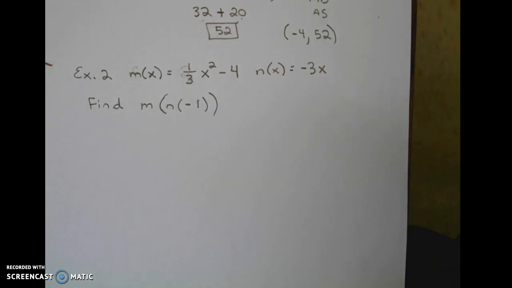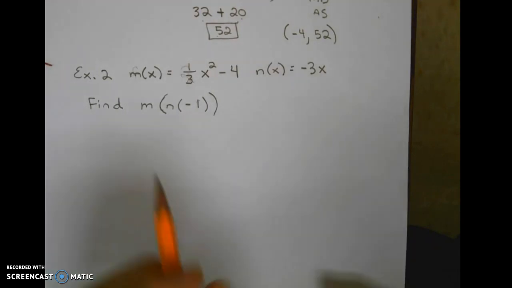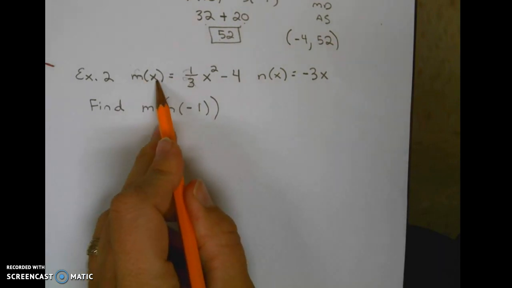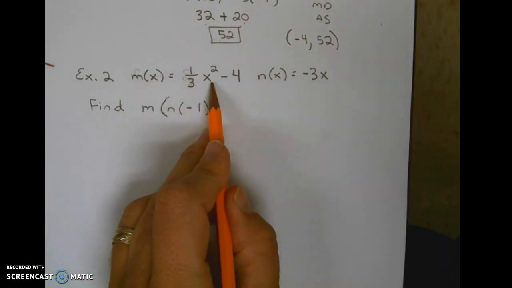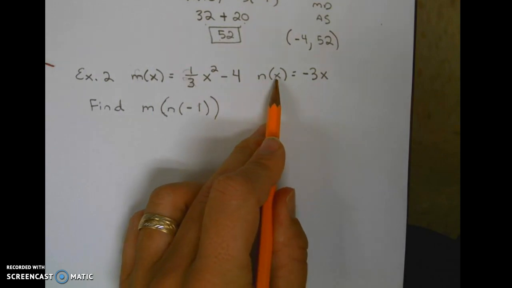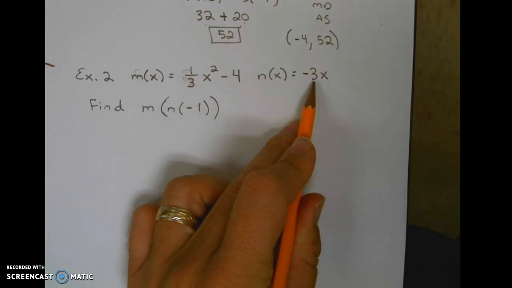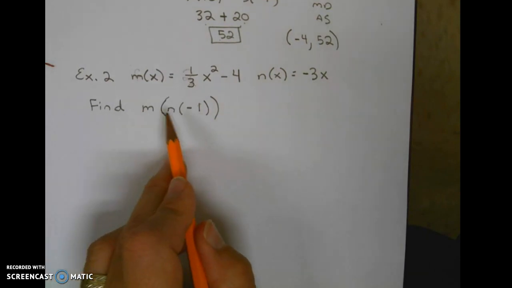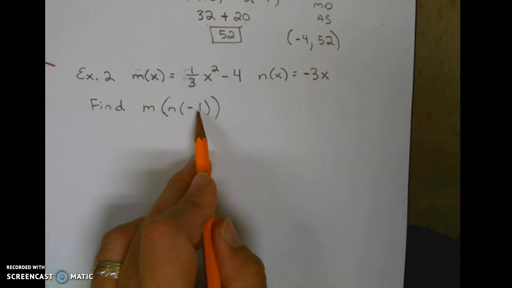Okay, let's take a look at the next example. So here we're given two functions. We have function m of x, which is a parabola, and we have function n of x, which is a linear function. And what we want to find is m of n of negative 1.